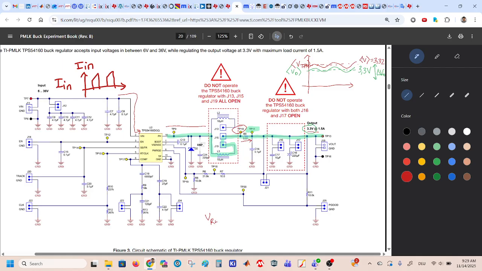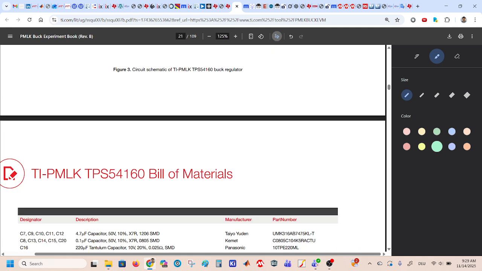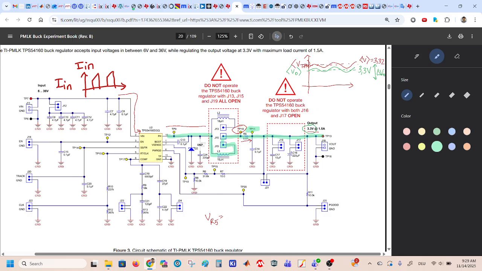Voltage across this resistance here. What kind of resistance is that? It has 1% of tolerance. That means 1% of 0.01 ohms. It's too small. We can ignore it.